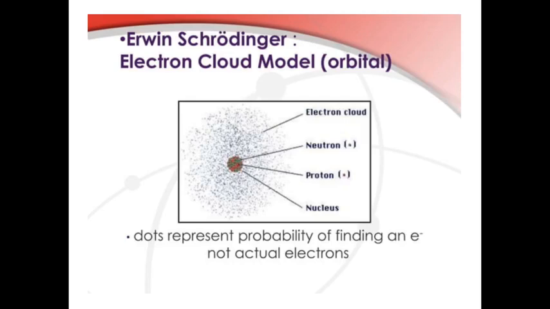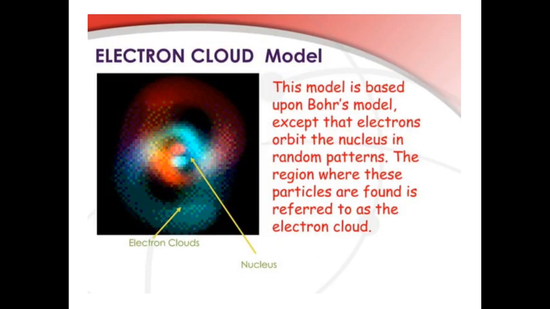Okay, so for Erwin Schrödinger, it talks about the electron cloud model, using dots to represent the probability of finding an electron in a specific orbit. The electron cloud model is also based on Niels Bohr's model, except that electrons orbit the nucleus in a random pattern. That is what Schrödinger was saying.